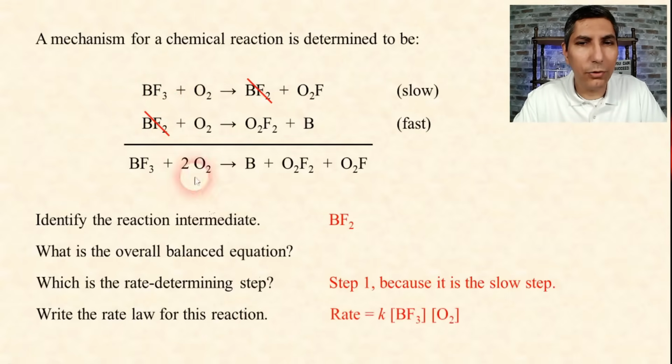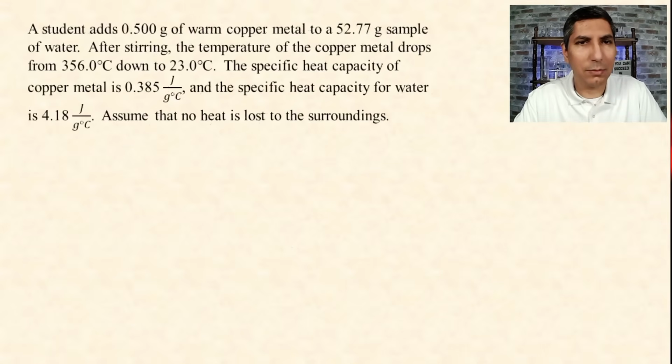So it's going to be rate equals K times BF3 concentration times O2 concentration. And that's basically all you have to do for that one right there. Okay, so that's a simple review of reaction mechanisms and how to write rate laws there. There are some more things you might need to be able to do, but I have a video for that if you want to go more in depth into mechanisms.